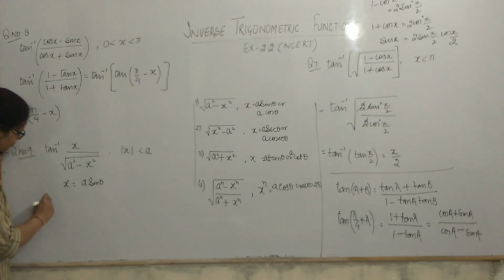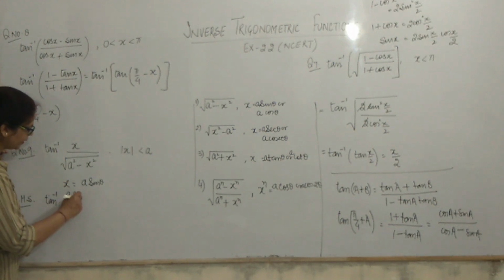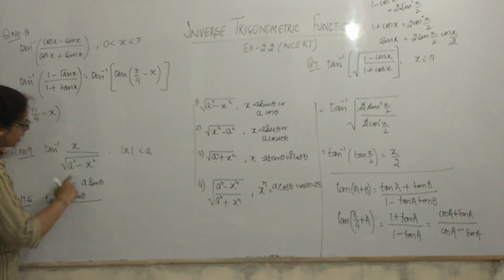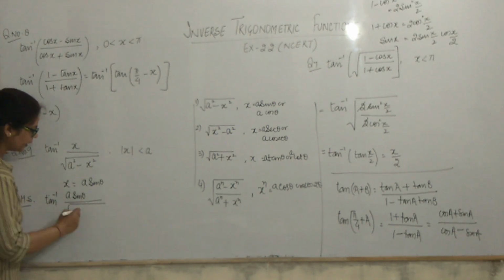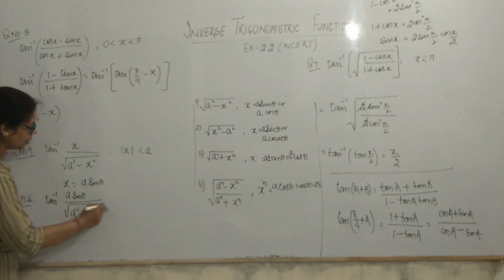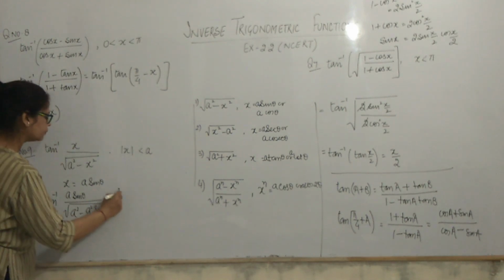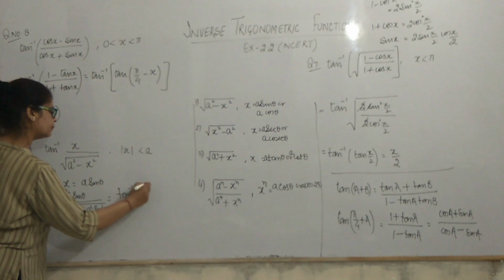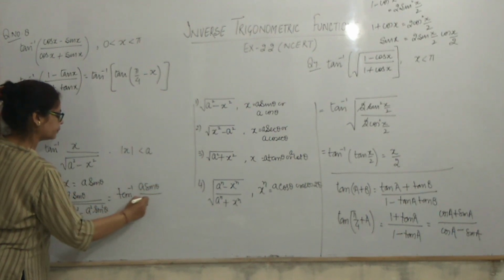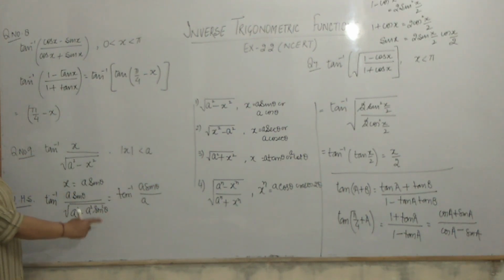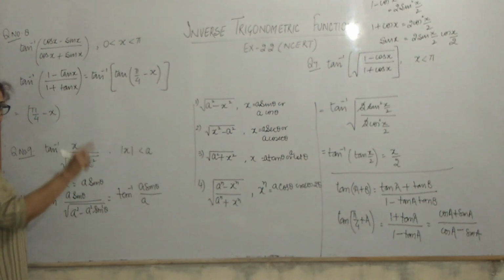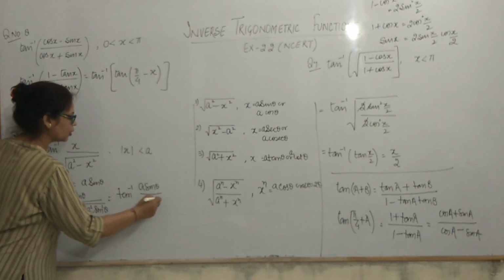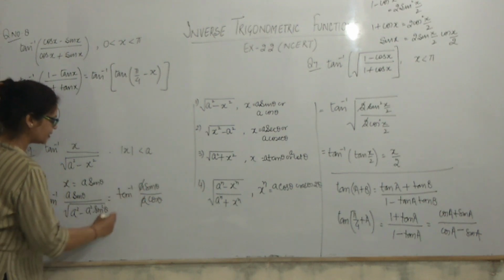So the left hand side becomes tan inverse of a sin theta upon square root of a square minus a square sin square theta. Taking a square common, one minus sin square theta is cos square theta, and the square root of cos square theta is only cos theta. A gets cancelled out.